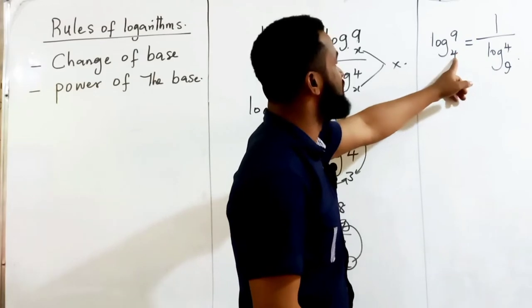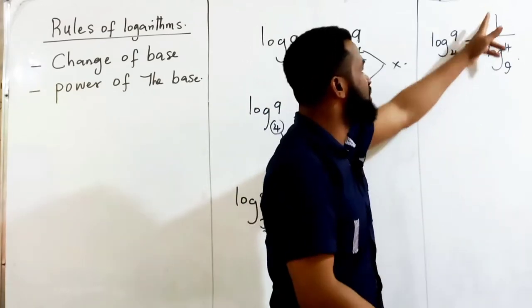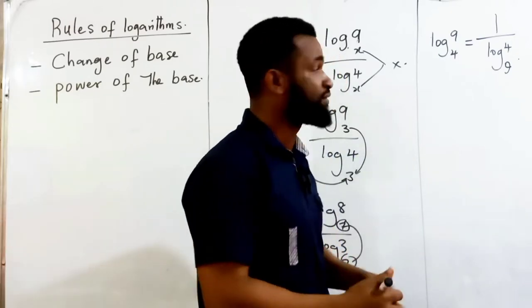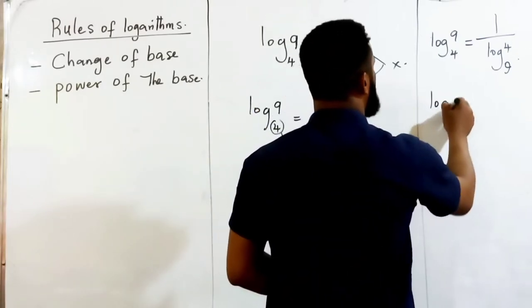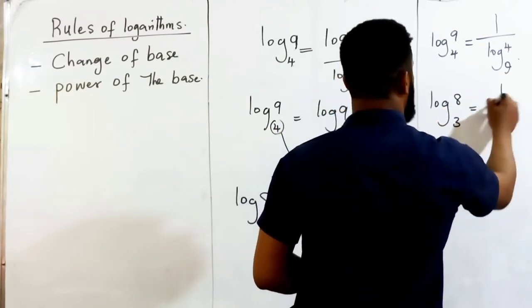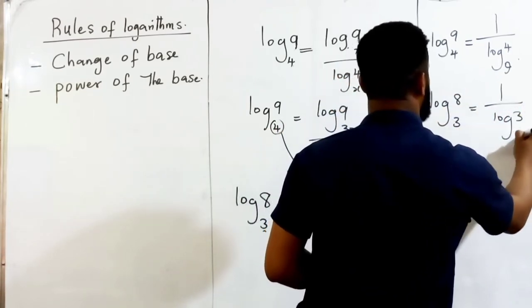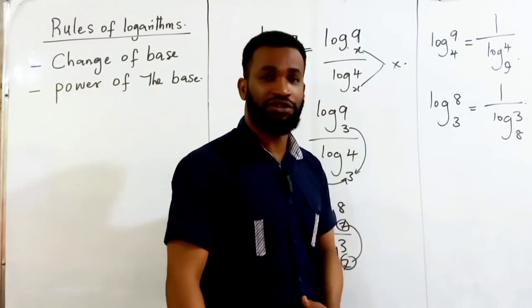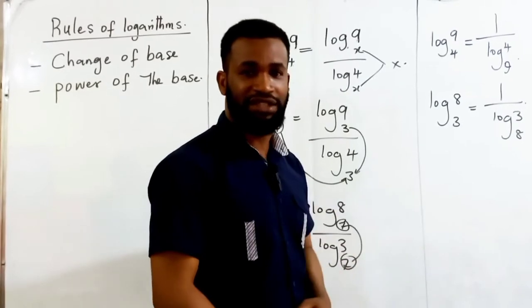So you change the base, it was 9, you invert it by bringing in 1 all over. It is a proof, which I'm not going to bore you with because of time. Log 8 base 3 can also be 1 all over log 3 base 8. Now we are going to solve a few questions on how this can be applied.